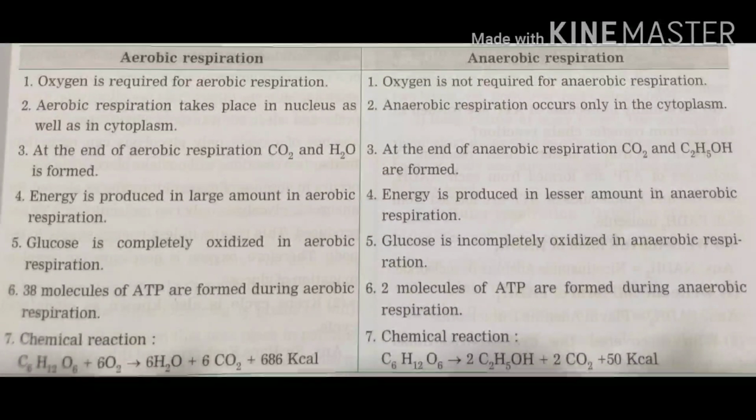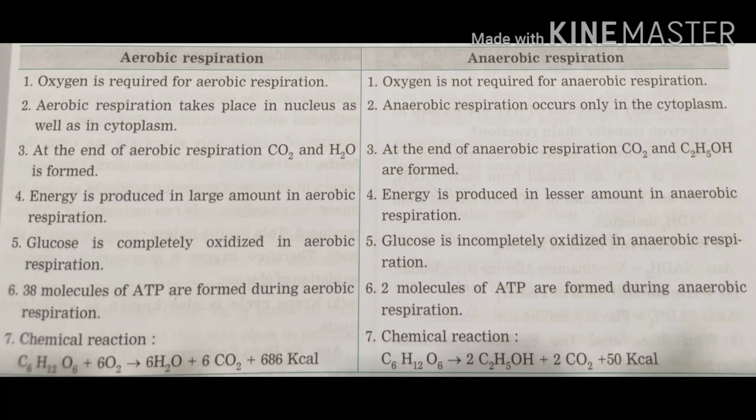Glucose is completely oxidized in aerobic respiration, but glucose is incompletely oxidized in anaerobic respiration. 38 molecules of ATP are formed during aerobic respiration, but 2 molecules of ATP are formed during anaerobic respiration.